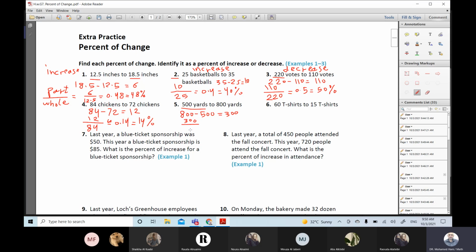The basic number will be 500. The number before the increase or decrease. Now we want to divide 300 by 500. The answer will be 0.6. As a percent will be 60%.